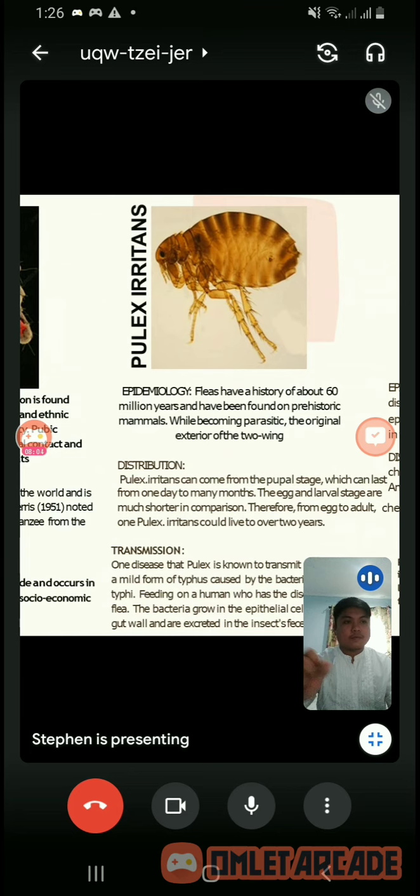The distribution of these can come from the pupal stage, which can last from one day to many months. The egg and larval stage are much shorter in comparison. So, pag yung sa kuto, hindi siya masyadong visible sa human eye. Kailangan pa natin talagang duting yung kaugat-ugatan niya kung saan siya nagmumula, di ba? Sa ating pipisain. So, therefore, from egg to adult, one Pulex irritans could live over 2 years.